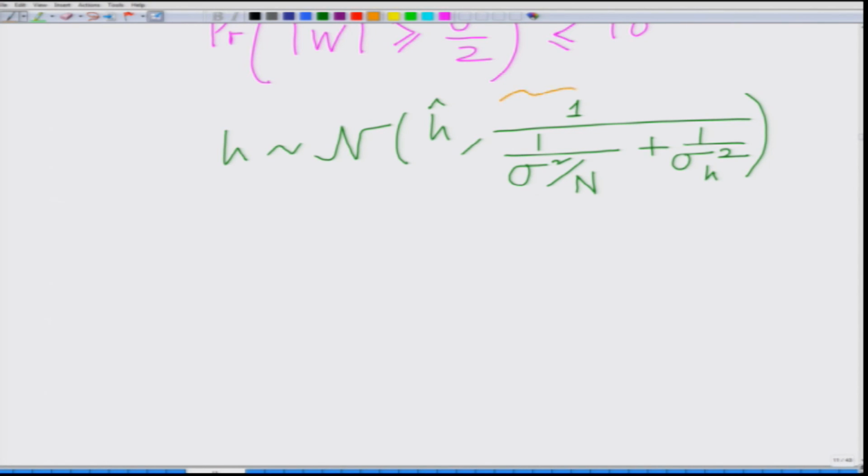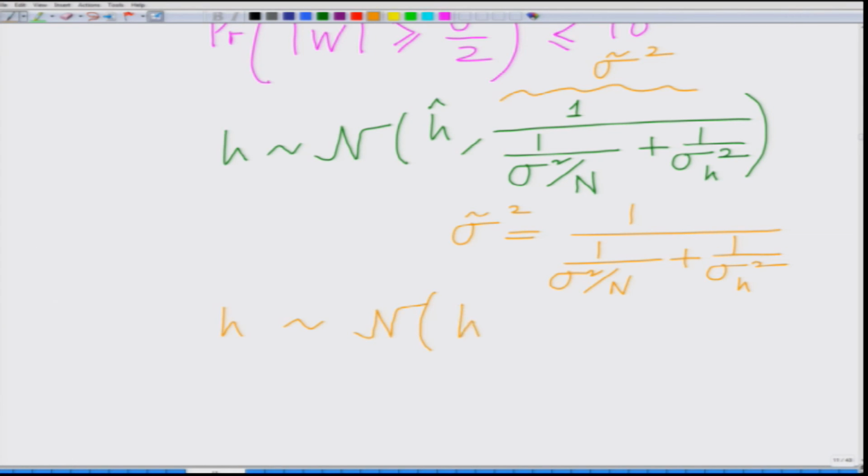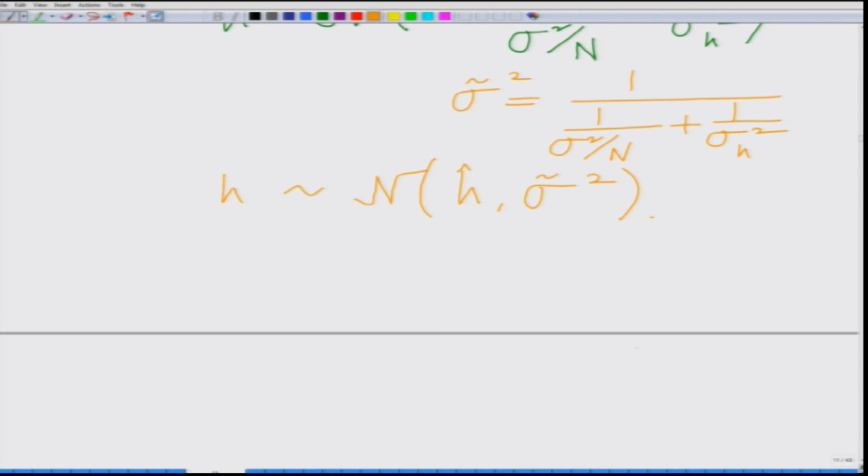Let us denote this quantity by sigma tilde square, equals 1 over sigma square by n plus 1 over sigma H square. So I can say the posterior distribution, H given y bar, is Gaussian with mean H hat, variance sigma tilde square.